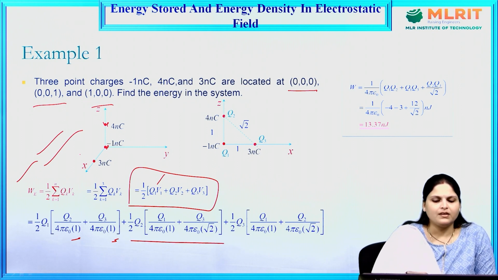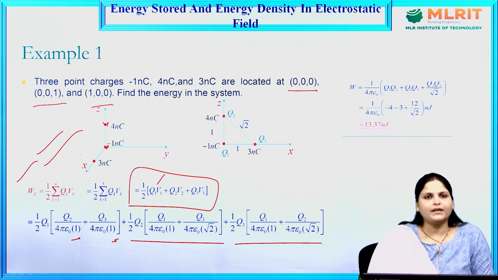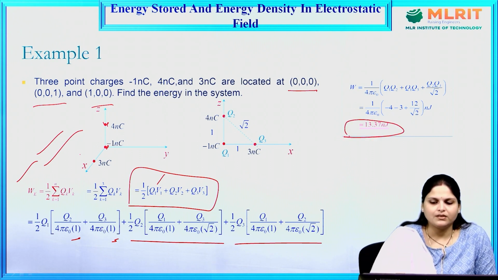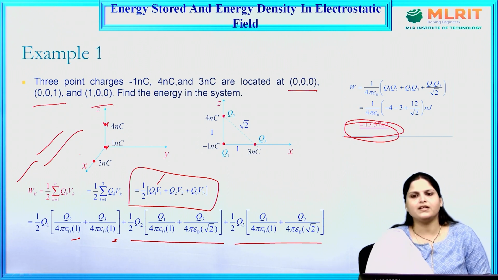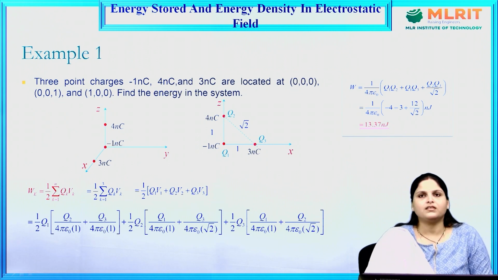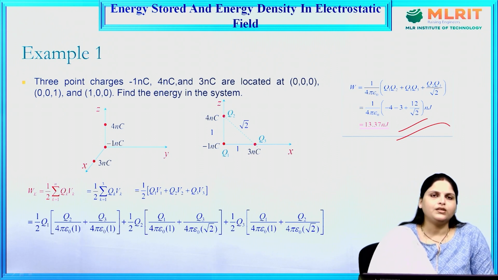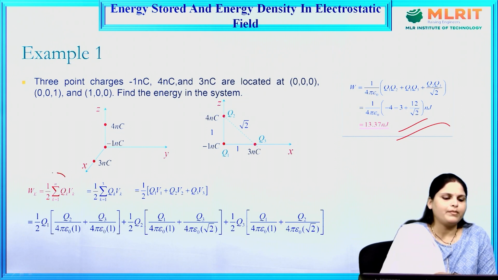Similarly, we can write it for V2 and V3 also, and after putting the values, finally we get the total energy stored in the system as 13.37 nanojoules. So that is how we can apply this formula to find the energy in the system. In place of 3, any number of charges can be given. At the same time, locations will be given and we can find out total energy in the system by using this formula.